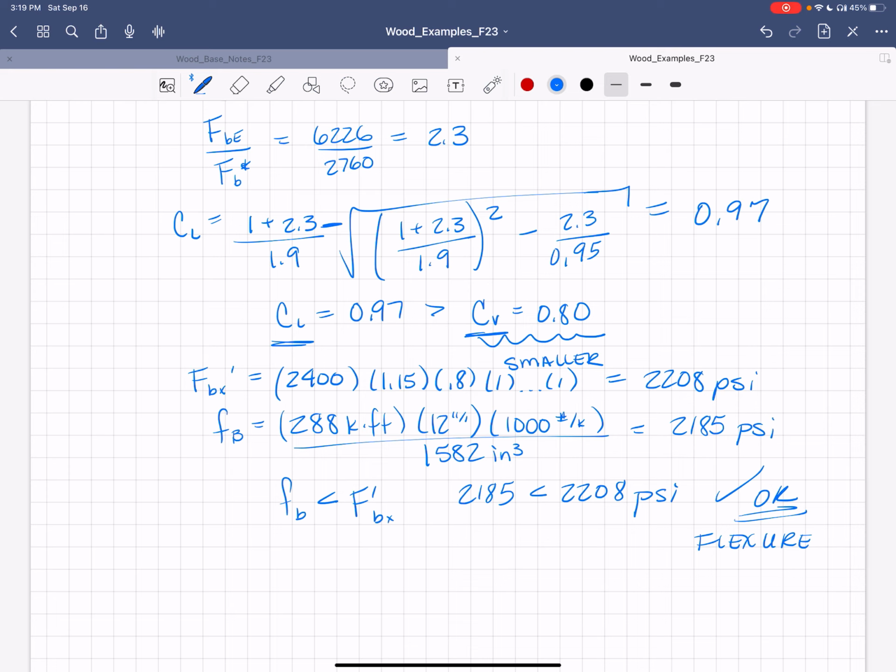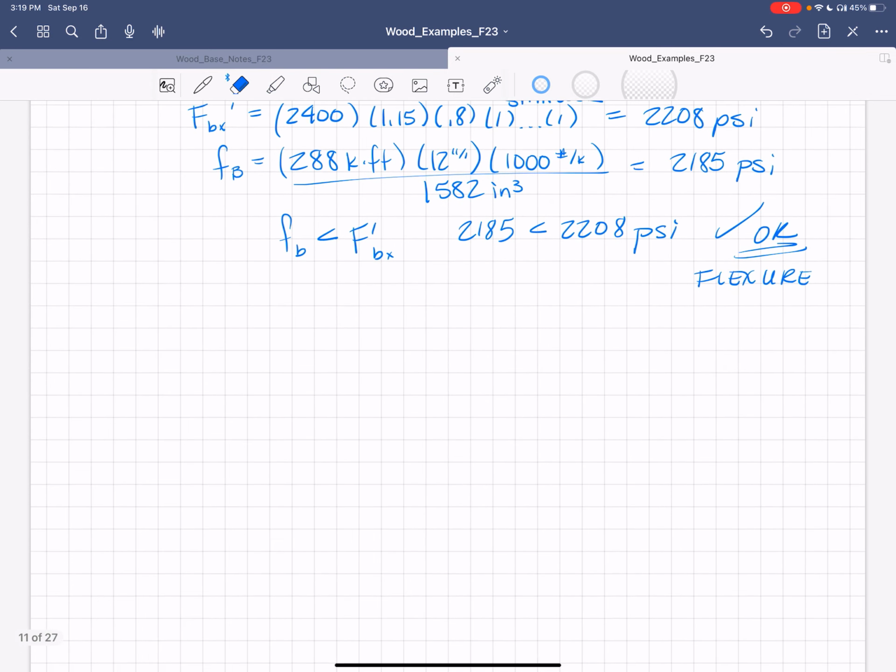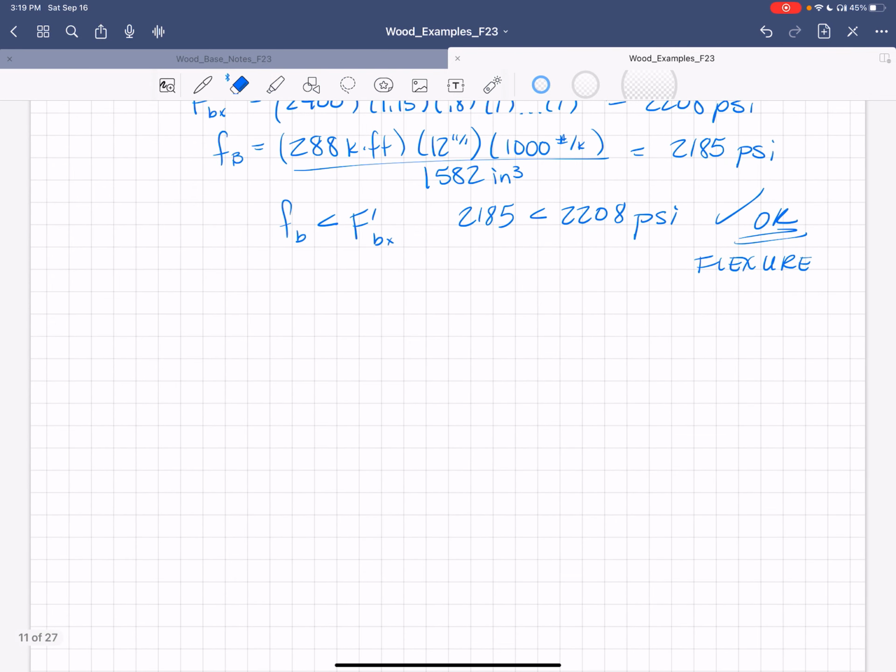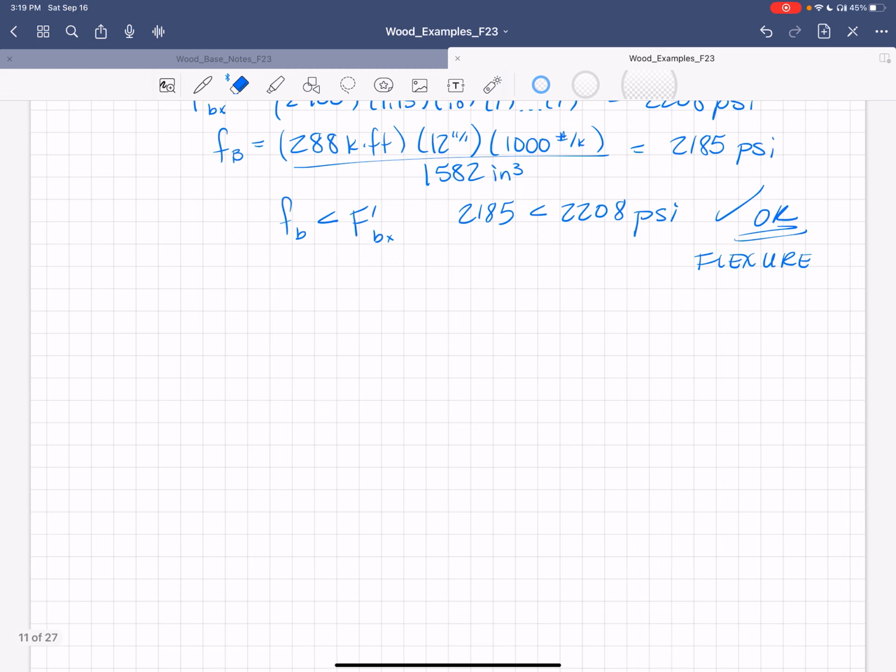Now, if you recall, this is always the trick, keeping track of your assumptions. We need to check the dead load assumption. It assumed a dead load when it gave us the loads, a self weight of 100 PLF.